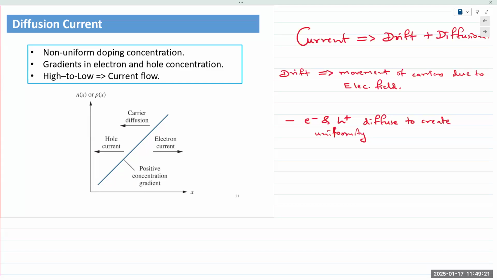So if there is a higher concentration of charge carriers in a material, it's going to diffuse through the material until the distribution of those charge carriers is uniform throughout the entire material, subject to laws of physics. And the current that occurs due to this diffusion is known as diffusion current.